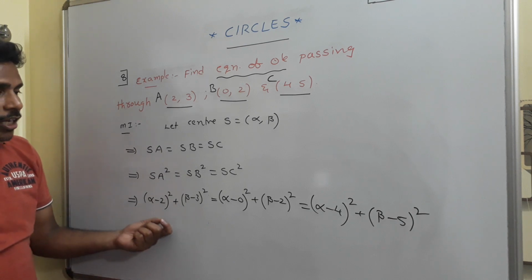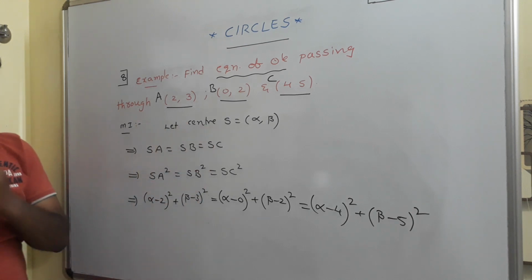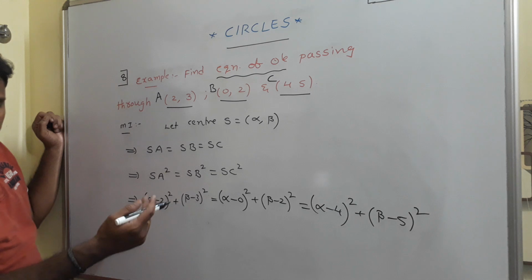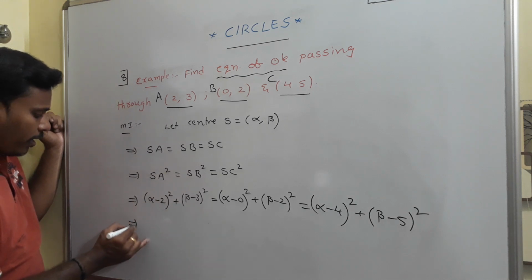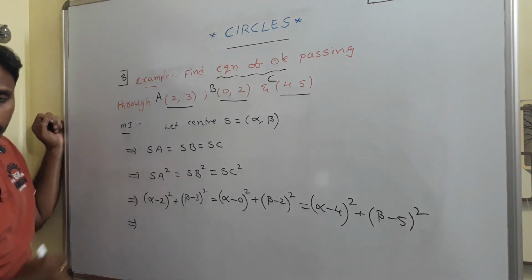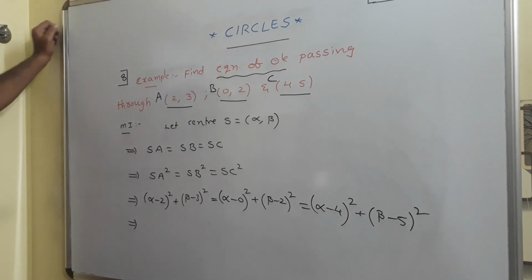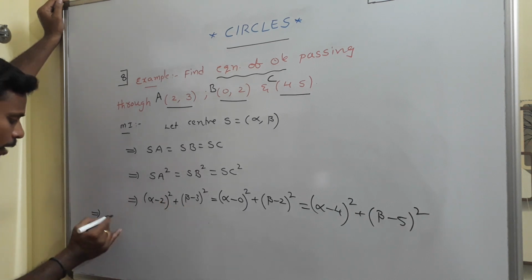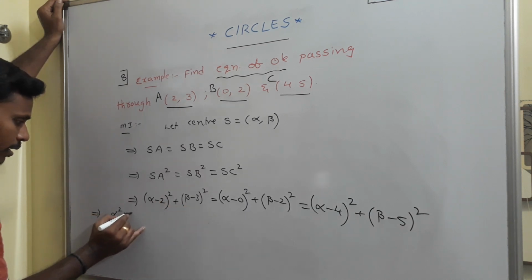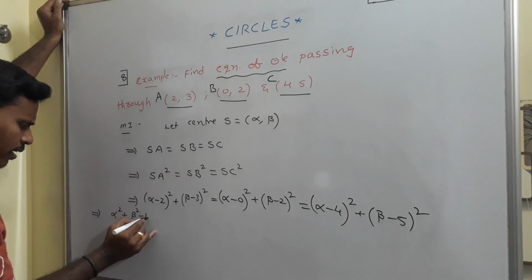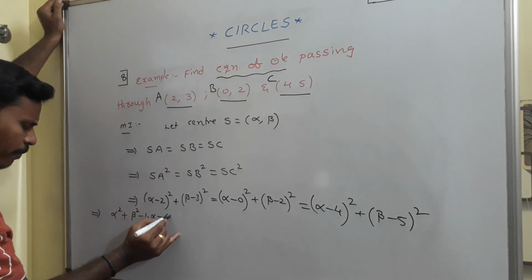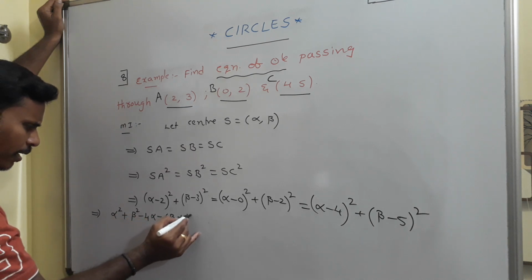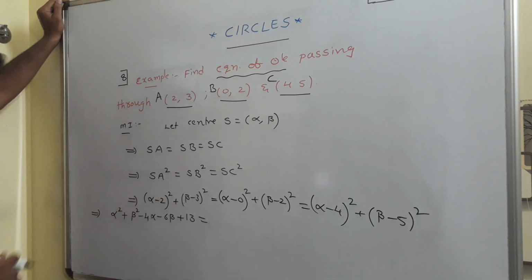Our task is to find the center first using this relation. Now we need to simplify clearly. (Alpha minus 2) whole square plus (beta minus 3) whole square can be written as alpha square plus beta square minus 4 alpha minus 6 beta plus 13 (9 plus 4).